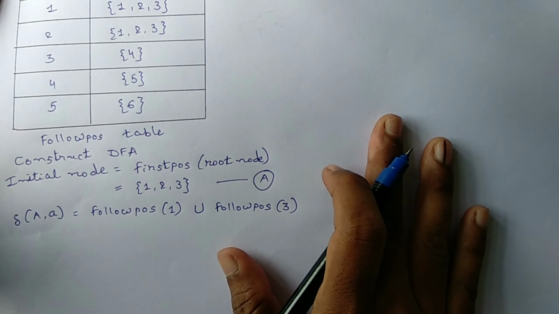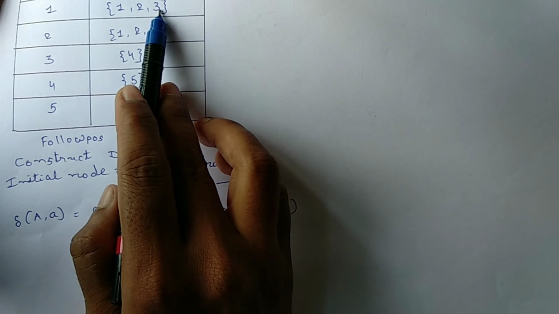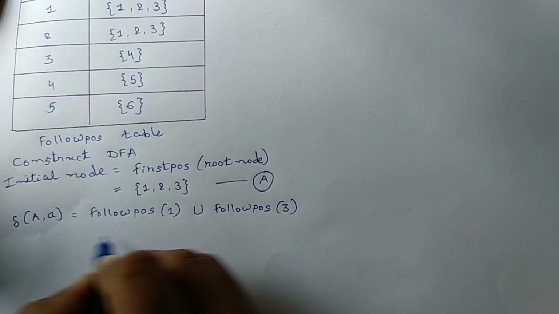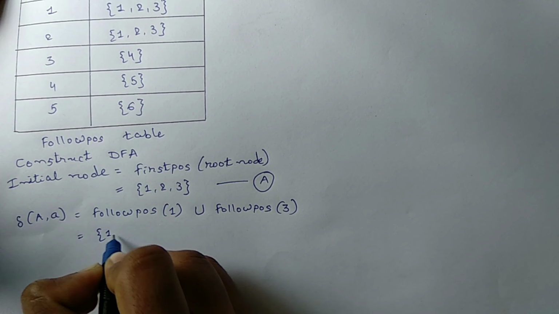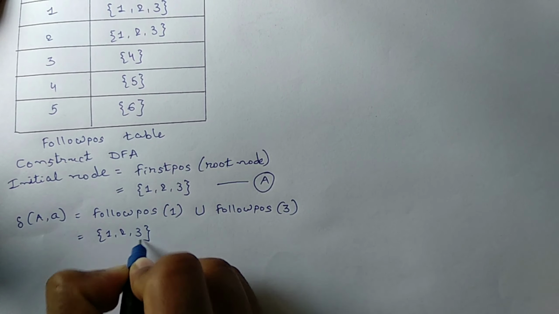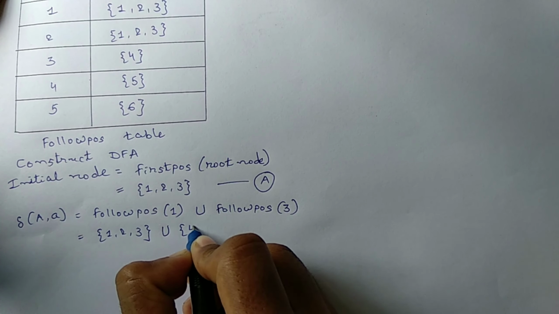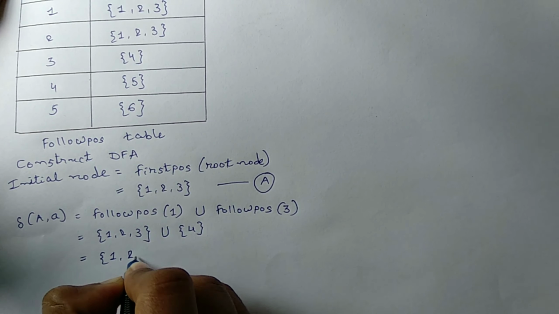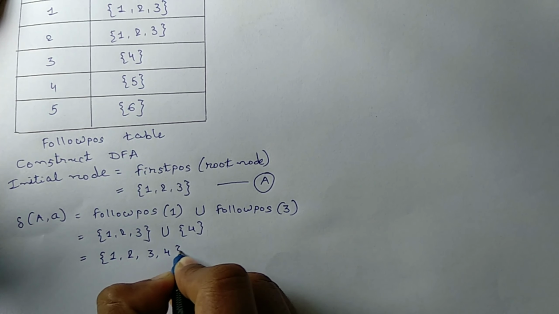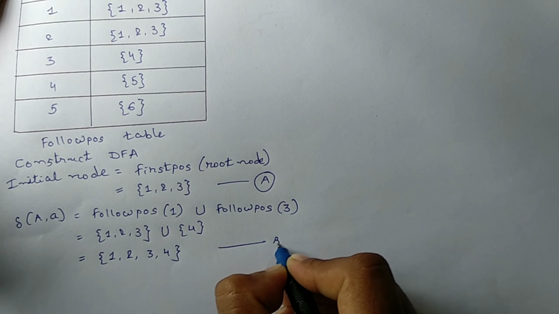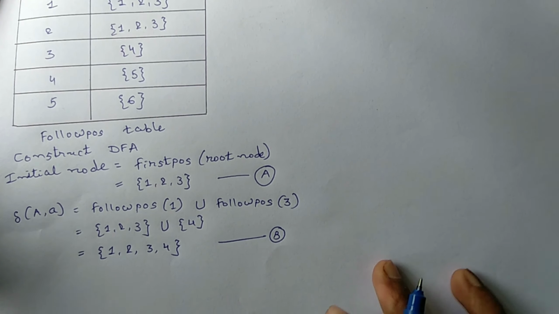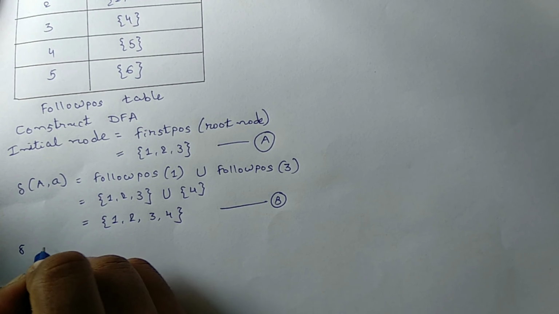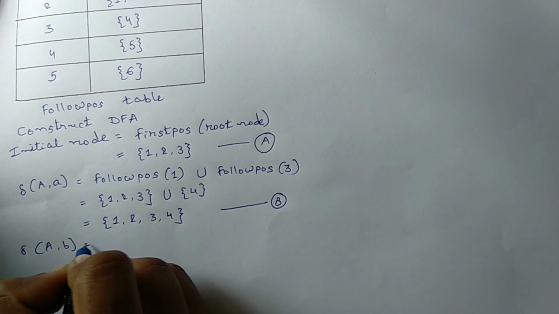Follow position of 1 is 1 2 3, and follow position of 3 is 4. So 1 2 3 union 4 is equal to 1 2 3 4, which is a new state. So give it the name B.